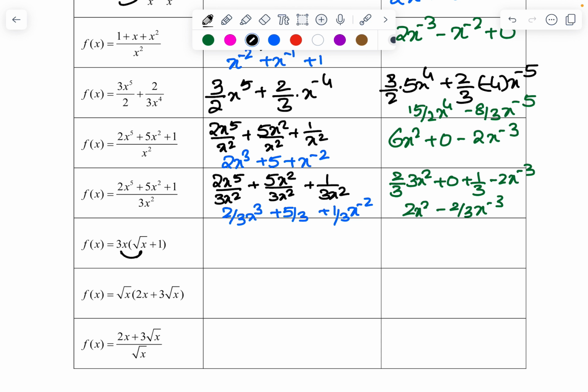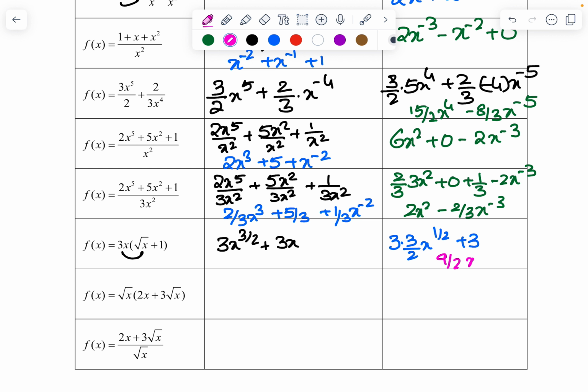Multiply: 3x times root x is 3x to the power of 3 by 2. 3x times 1 is 3x. So it's going to be 3 times 3 upon 2 x power 1 upon 2 plus 3, which is 9 upon 2 x power 1 upon 2 plus 3.